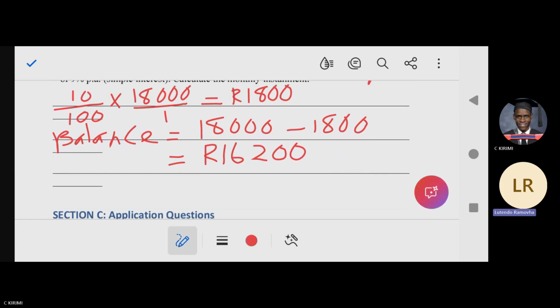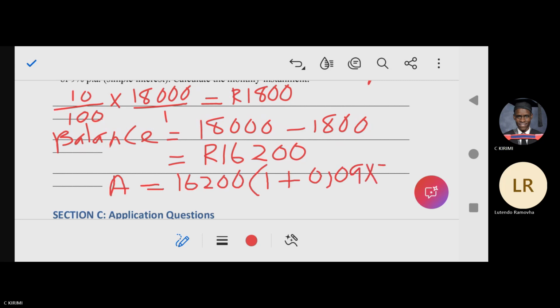A is equals to P into 1 plus IN, sorry. So A is equals to P, your P is 16,200. Then you multiply it by 1 plus 0.09 multiplied by 2.